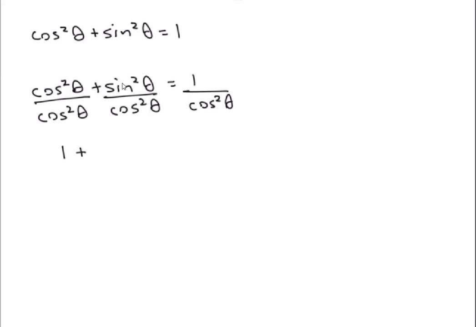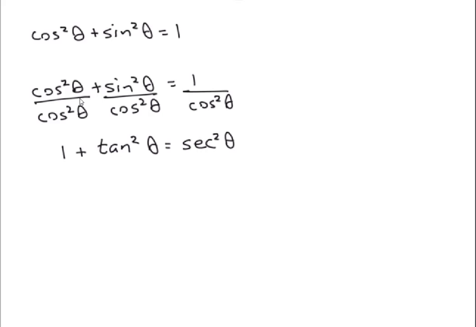In the next term, we have sine squared over cosine squared, which is sine over cosine squared, which is tangent, so that's tangent squared. And then over here, we have 1 over cosine squared, so this is going to be secant squared theta. So this gives us another trig identity that involves secants and tangents.